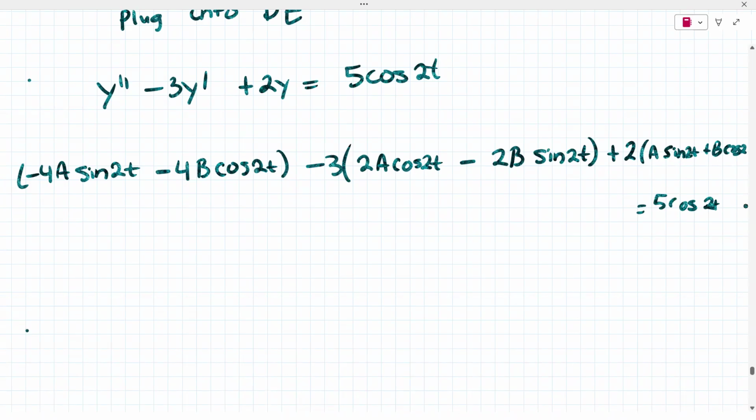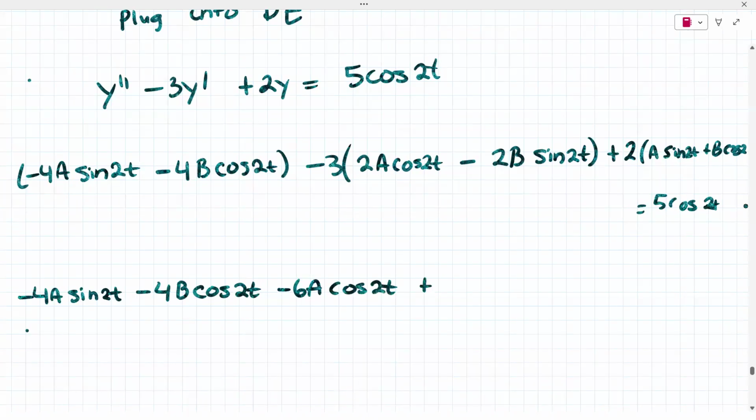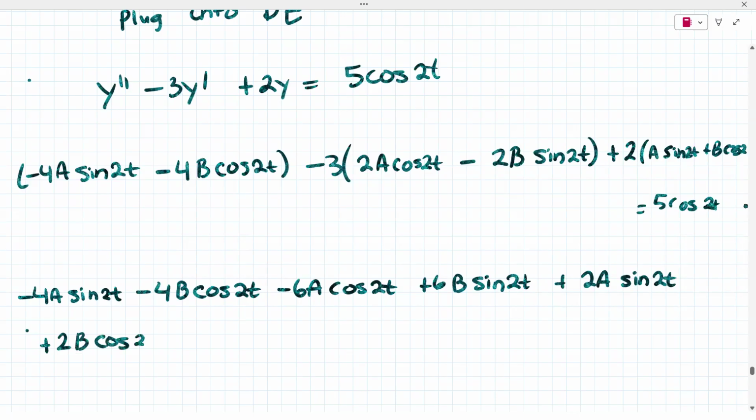When you FOIL out the left side, it's going to be negative 4a sine of 2t minus 4b cosine of 2t minus 6a cosine of 2t plus 6b sine of 2t plus 2a sine of 2t plus 2b cosine of 2t equals 5 cosine of 2t.